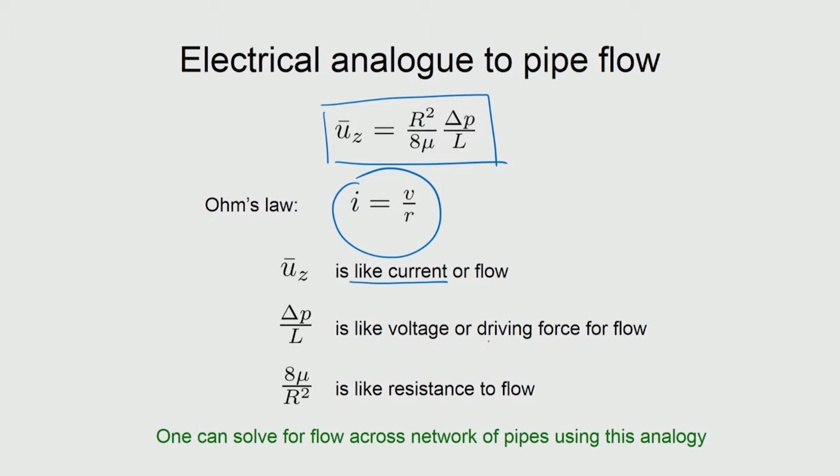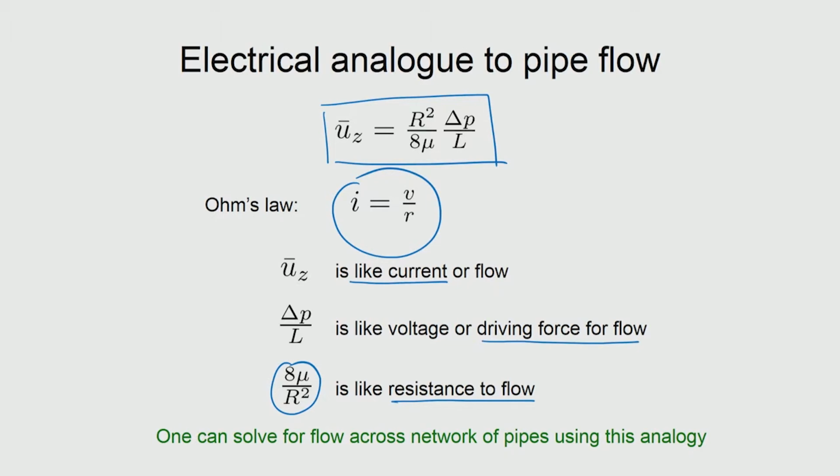So, it is like the voltage or the driving force for flow, and what goes as the denominator, that is 8 mu by r square, which is proportional to 1 by r square, is like the resistance to flow. So, pipes which have a narrow diameter would require more pressure drop to have the flow take place at the same magnitude, etc.